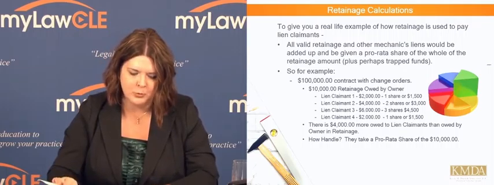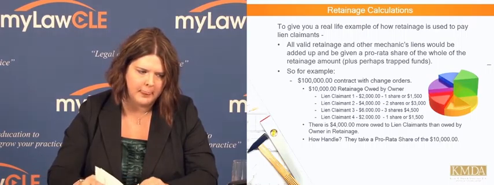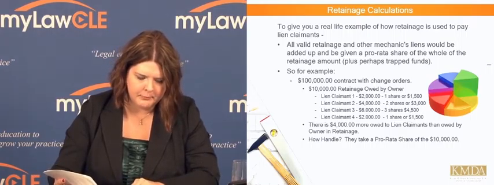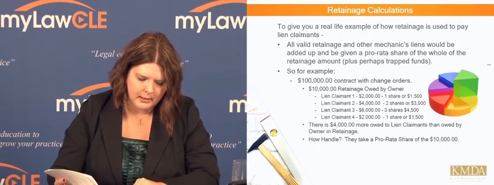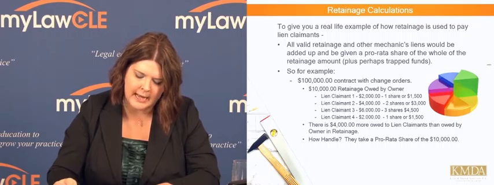I was really surprised that a lot of states have none. But for instance, in California, in the event of a dispute, the property owner or contractor is allowed to retain 150% of the dispute amount. All withheld retainage must be released within 45 days from the date of completion.